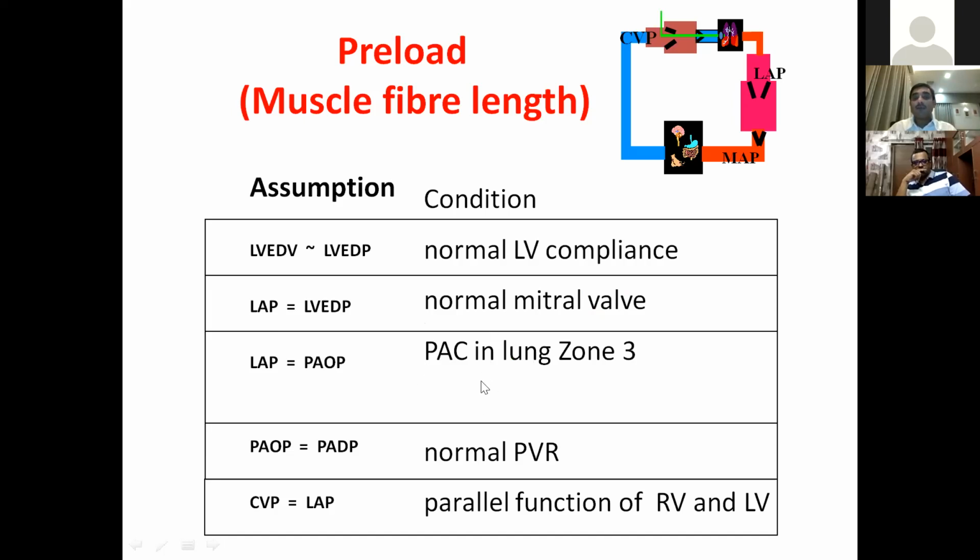If we are using a pulmonary artery catheter, LAP equal to PAOP means the PAC is in a good lung zone, that is zone 3. PAOP equal to PADP means normal vascular resistance of pulmonary vessels, and CVP equal to LAP means parallel function of RV and LV. So there are lots and lots of assumptions in CVP monitoring as an indirect way, or surrogate marker, of adequacy of preload.